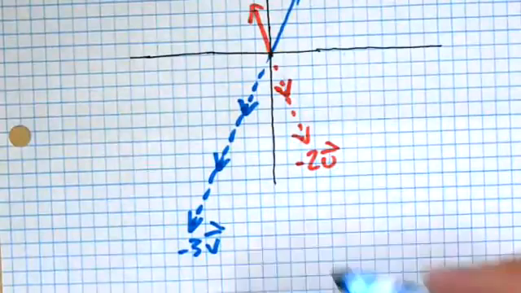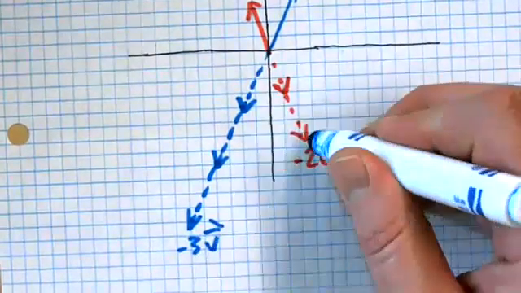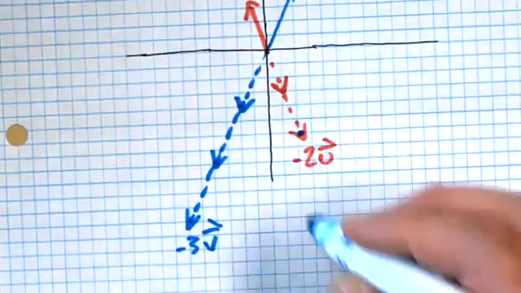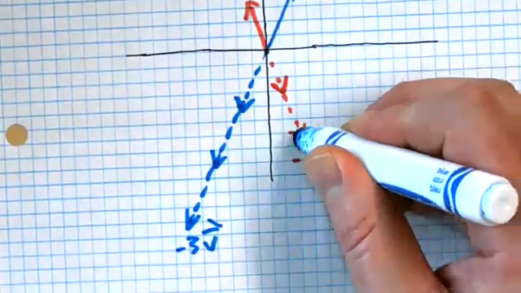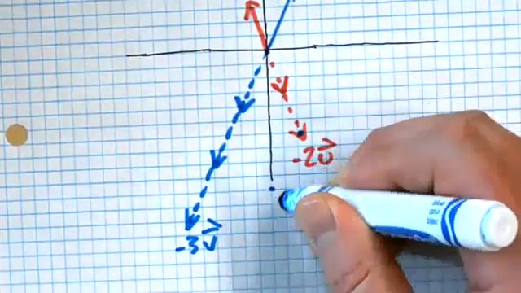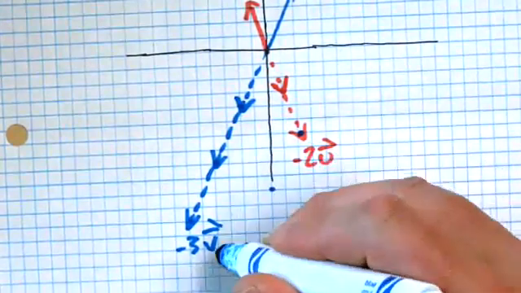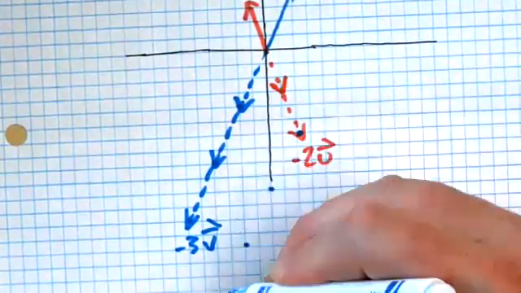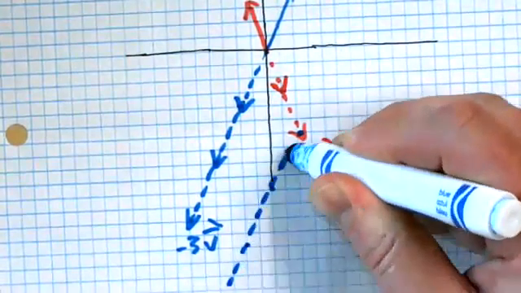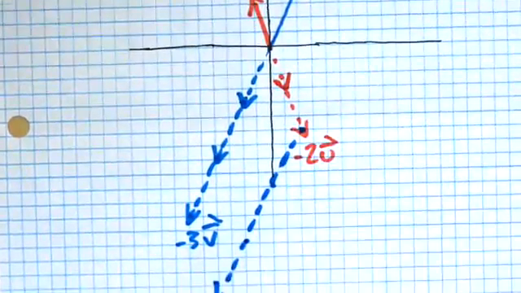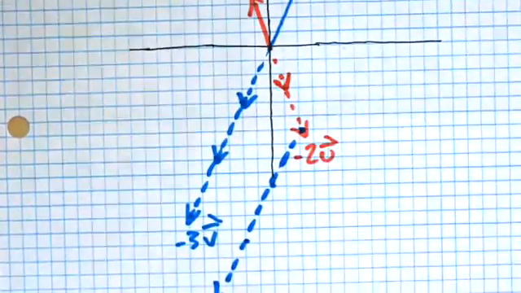So I'm going to redraw my negative 3v vector, but start it here. Over 2 down 4, 3 times. Over 2 down 4. Over 2 down 4. Down 4. And that gets us our final vector, which is hugely negative.